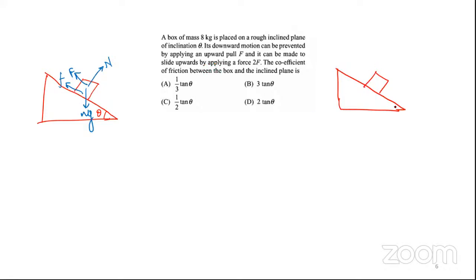So when this is sliding upwards, the frictional force is acting downwards. There's mg acting downwards, and this is the normal force. So these are the two different situations. We have to find out their equations, and using them, we have to find the relation between the coefficient of friction and the inclination of the plane. You have 1 minute to solve this.